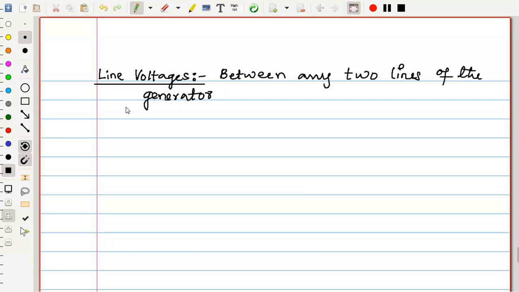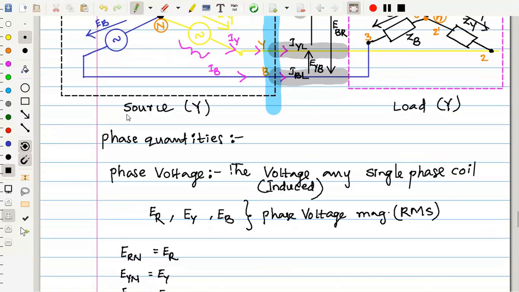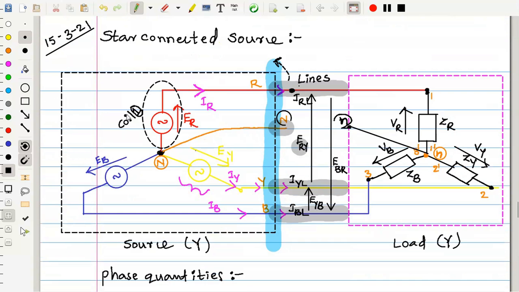We are talking in the perspective of a three-phase generator. In a three-phase generator, how many lines are there? Lines are nothing but the corresponding number of single-phase generators. How many single-phase generators are there here? Three. So each one is connected to one line. Line 1 corresponds to the R phase coil. Line 2 corresponds to the Y phase coil. Line 3 corresponds to the B phase coil. There will be a neutral line, but that will not always exist. That may or may not exist. That we see later on.